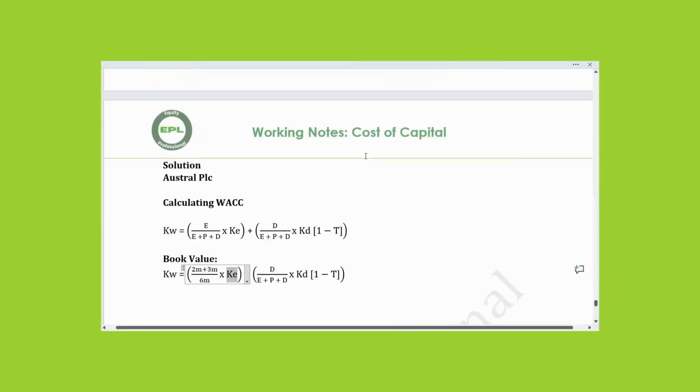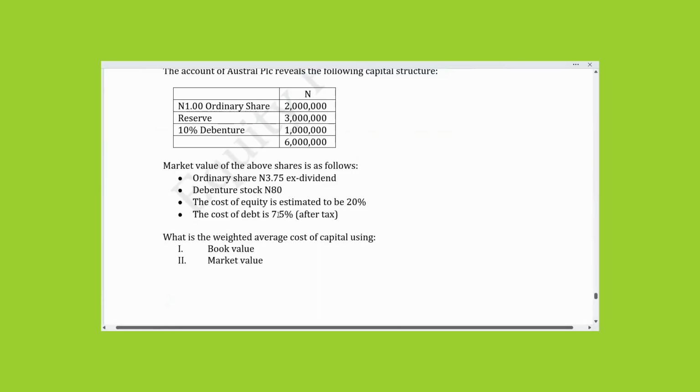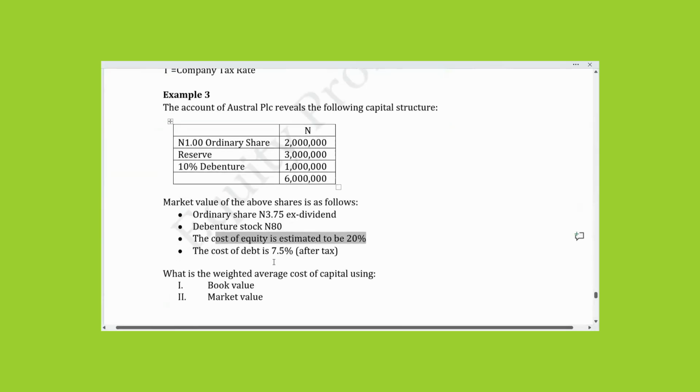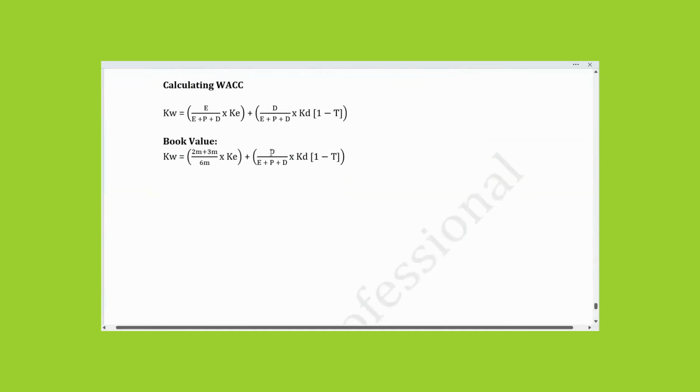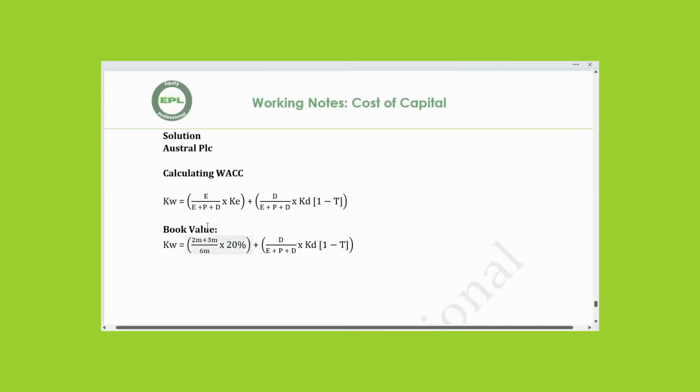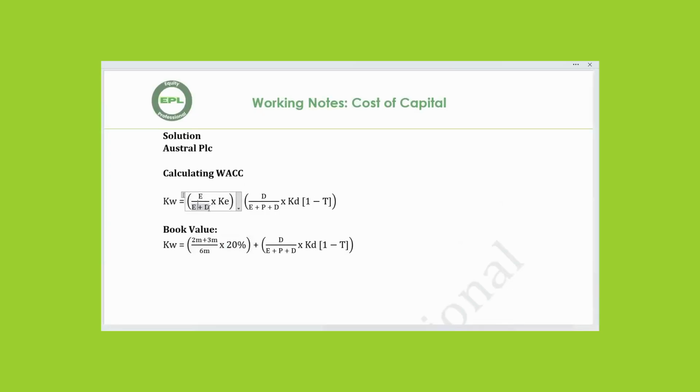According to the question, we are given a cost of equity of 20%. So the examiner has made life easy for us. There's no need for you to go and calculate the cost of equity and waste time. Then, of course, let me remove P from here since we don't have P.